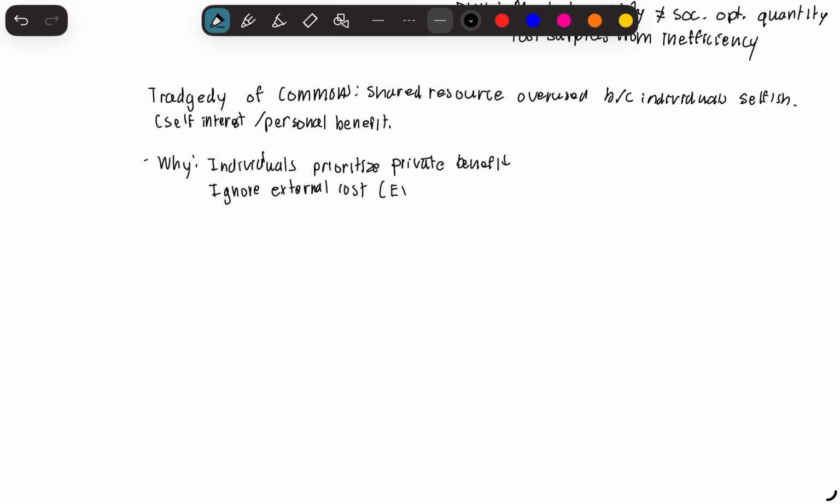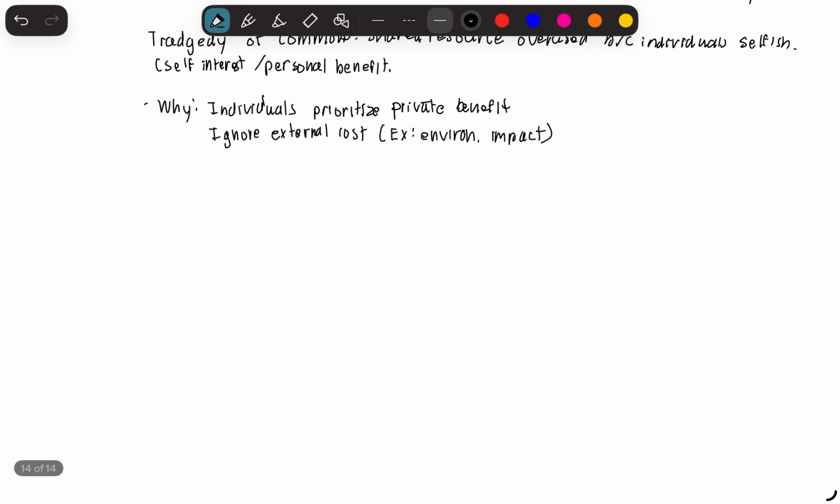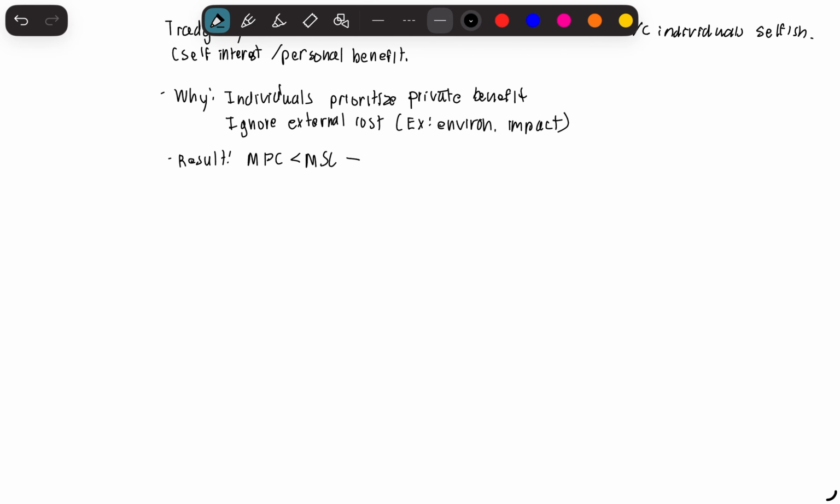Like, for example, environmental impact. They don't care because it's not their problem and they just want to get rich. So then what happens is your MPC is less than your MSC, and that's going to lead to overconsumption.